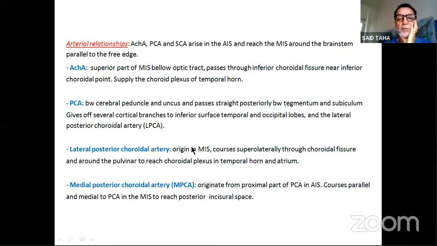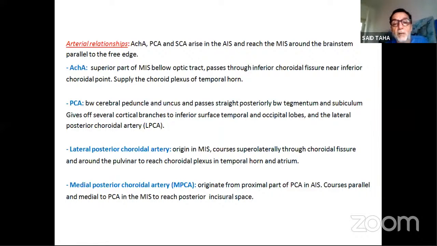The lateral posterior choroidal artery originates in the middle incisural space and courses superolaterally through the choroidal fissure and around the pulvinar to reach the choroid plexus in the temporal horn and atrium.